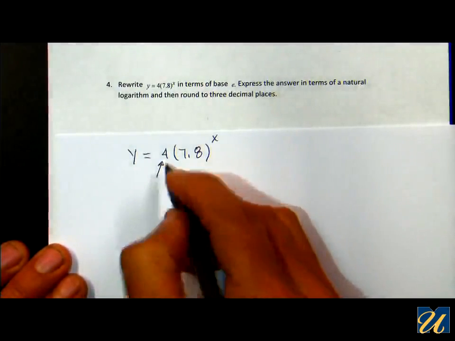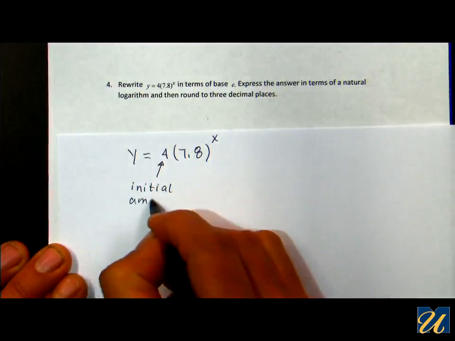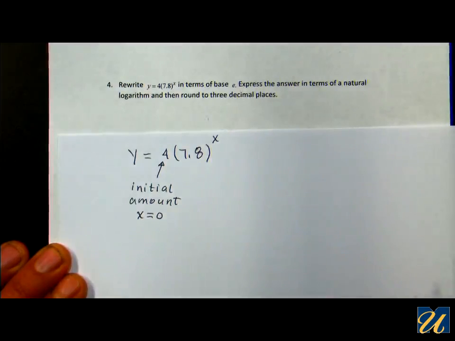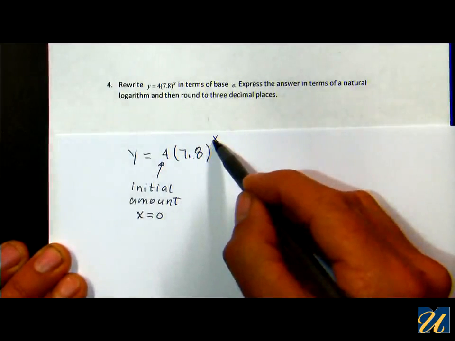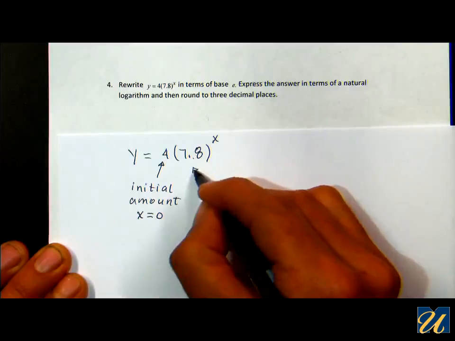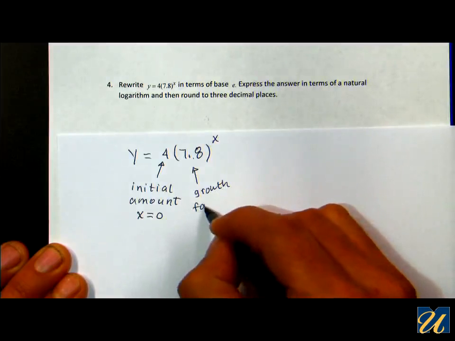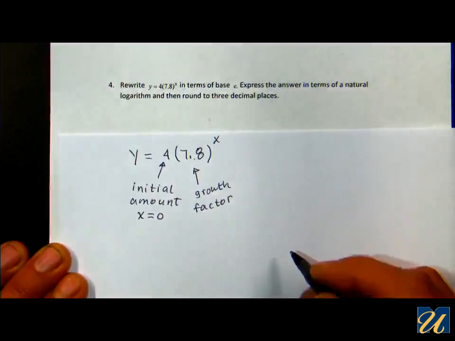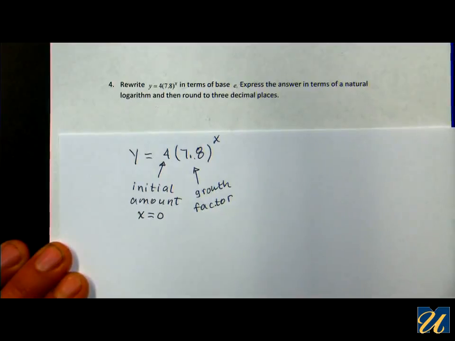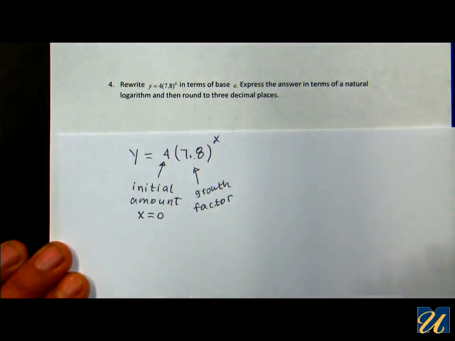The 4 represents the initial amount, because that's when the variable is 0. 7.8 to the 0 power is 1, and 1 times 4 would be 4. And this is the factor which makes it grow. If this growth factor is larger than 1, that represents growth, and a fractional quantity would represent a decay or a decreasing curve.